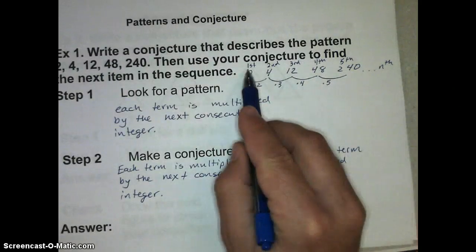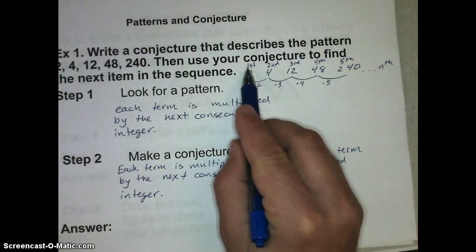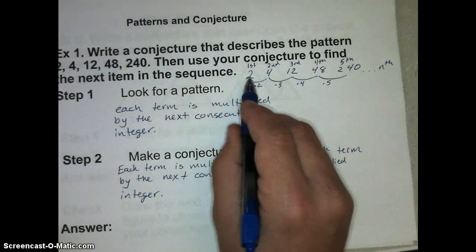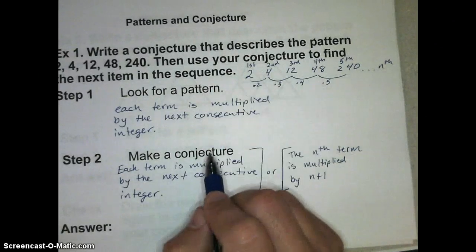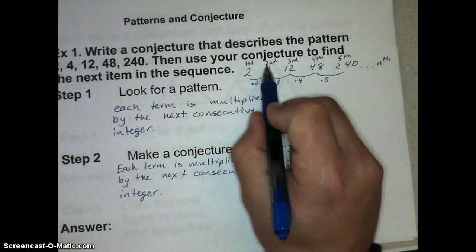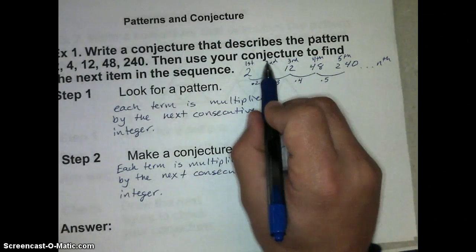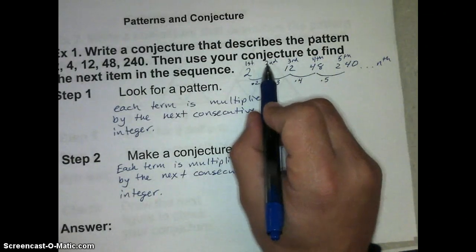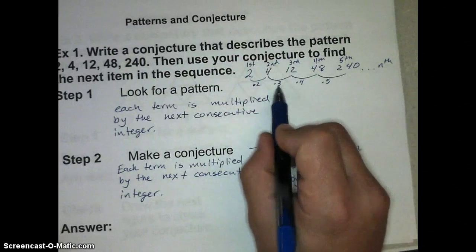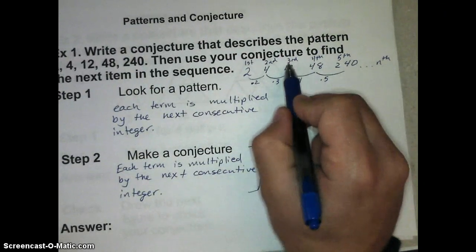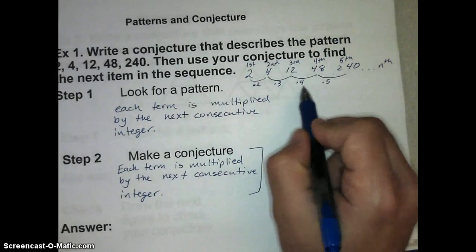Now, if n is the first term, then n is 1. If I take 1 and add 1 to it, I get 2. If we're talking about the second term, n is 2, and n plus 1 is 3, and that's what I multiply by to get 12. And if n is 3, then n plus 1 is 4, and I multiply by that 4 to get the next one.